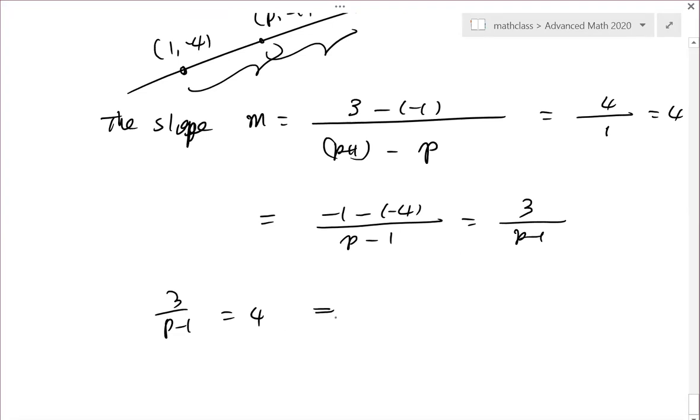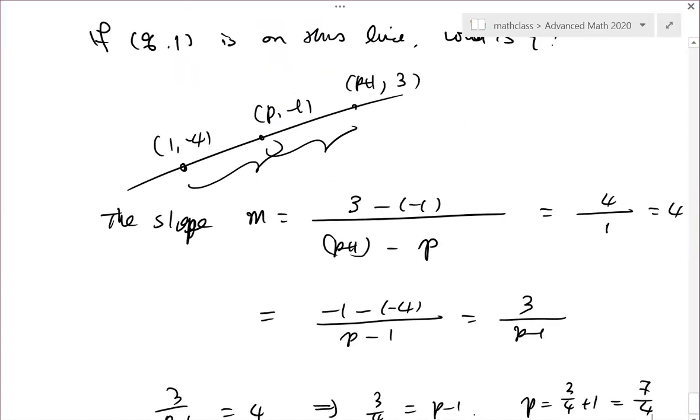So you get 3 over 4 equals p minus 1, and p is 3 over 4 plus 1. I think it's going to be 7 over 4, not 2. Okay, 7 over 4.